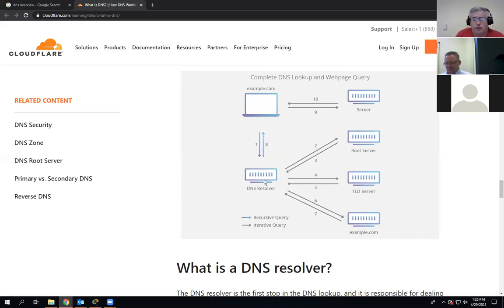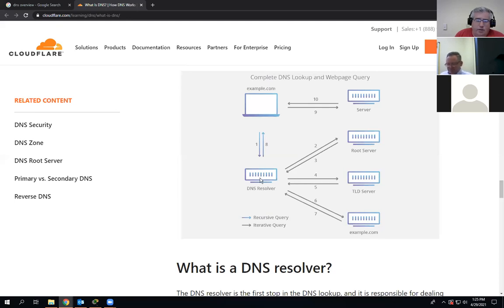So it will then go to the root server, which is .com, and it knows about the root server of .com. So it says, hey, do you know google.com? And the root server says, yes, I do. It goes to this server over here.